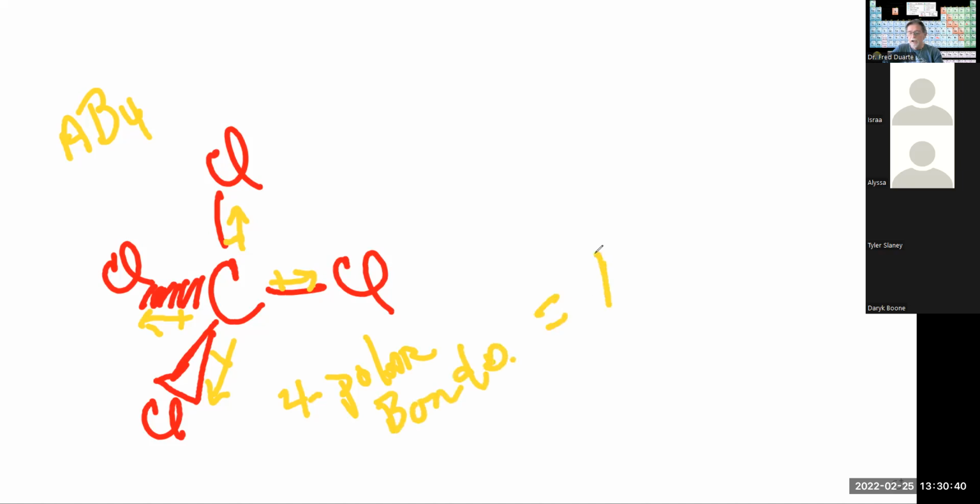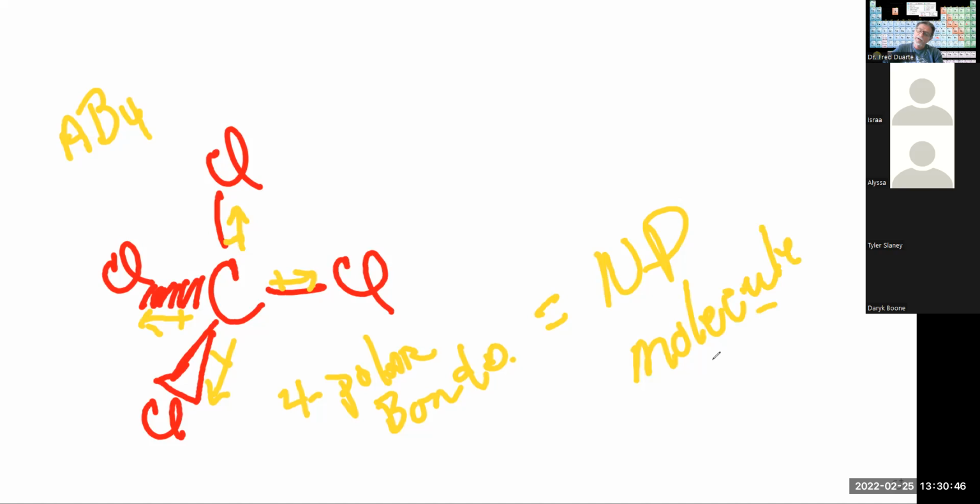That's not important, but if you break it down, the result is mathematically these four bonds in the AB4 tetrahedral configuration, you got four polar bonds, but because of the geometry, we end up with a non-polar molecule.